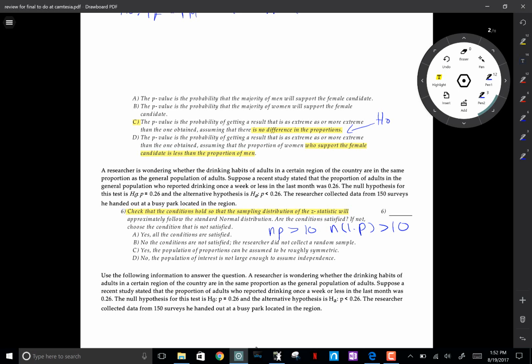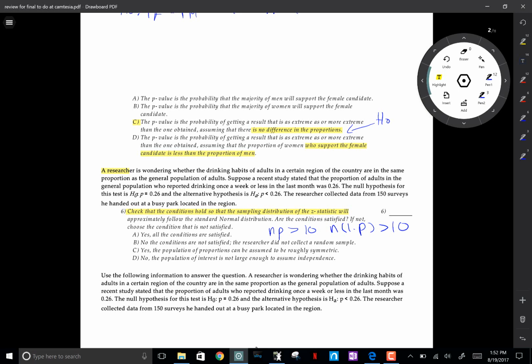So let's first read the problem and see, A, did they randomly select people? So let's start reading over here. It said a researcher is wondering whether the drinking habits of adults in a certain region of the country are in the same proportion as the general population of adults.